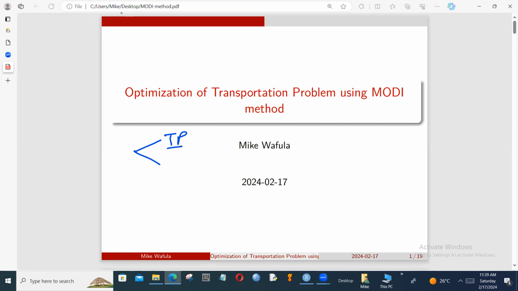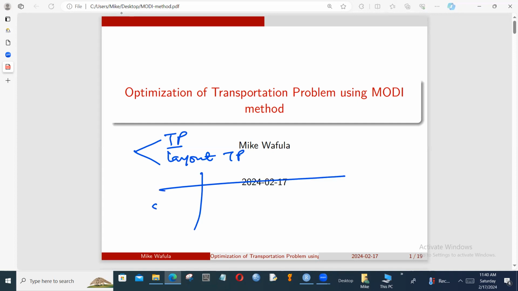It actually seeks to minimize the amount of cost required to transport some goods from some given sources to given destinations.